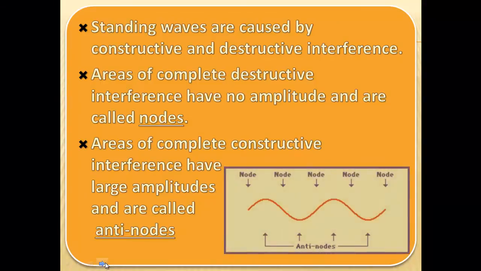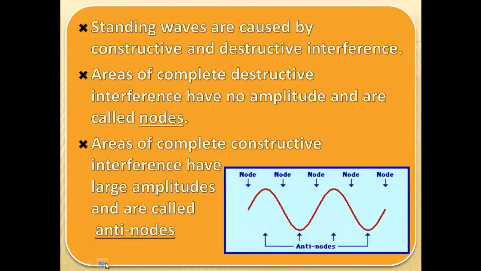So if we take a look, here's a nice little GIF to show this. Here's a wave that's vibrating, and you'll notice that even though it is flat at times, that's just a transition, because don't forget, a wave is going up and down. Just because a wave goes flat doesn't necessarily mean that's destructive interference.